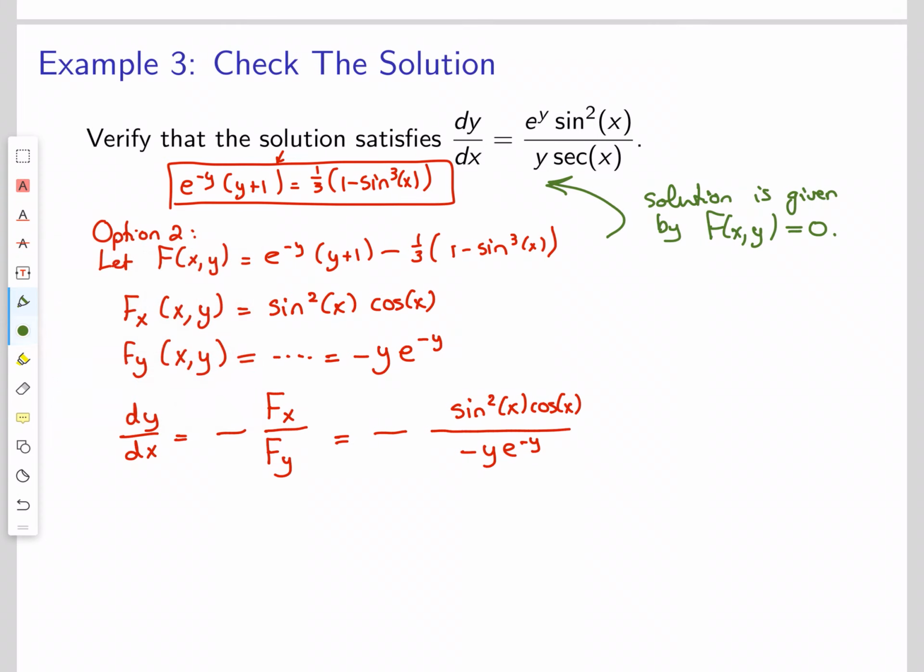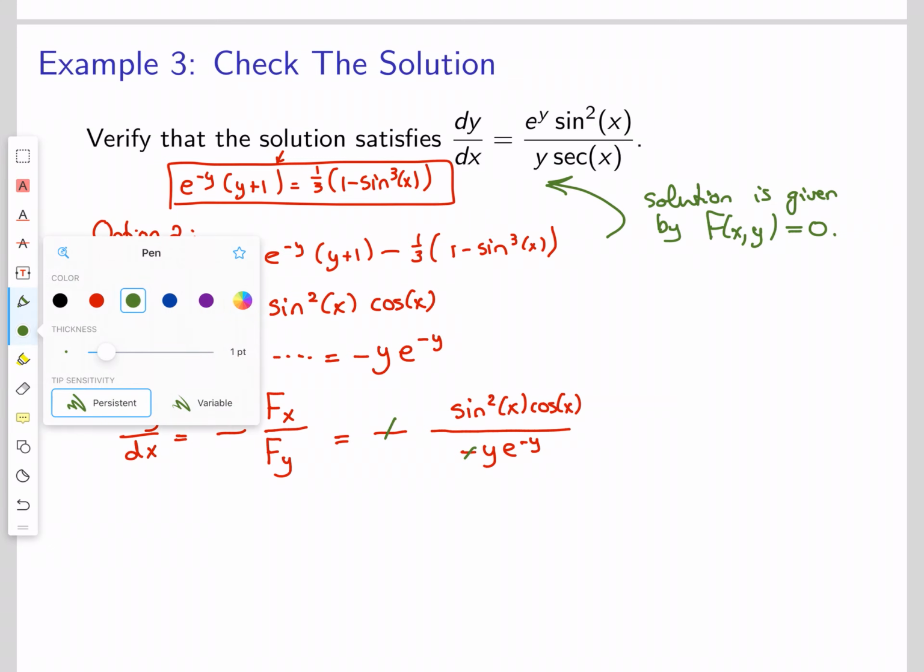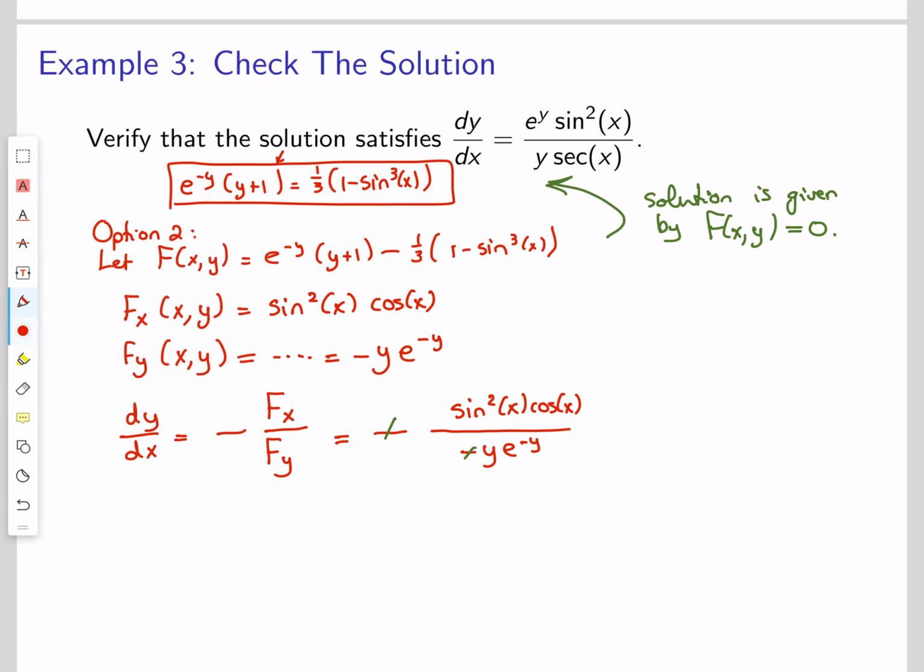Of course the negative signs cancel out. If we do the same rewriting as before, where we flip the e to the minus y up to the top as e to the y, and we keep sine squared x, and we have a y, and we flip the cosine of x to the denominator, that becomes a secant of x. And that is of course also as required, which is not surprising because we already verified this on the previous page.